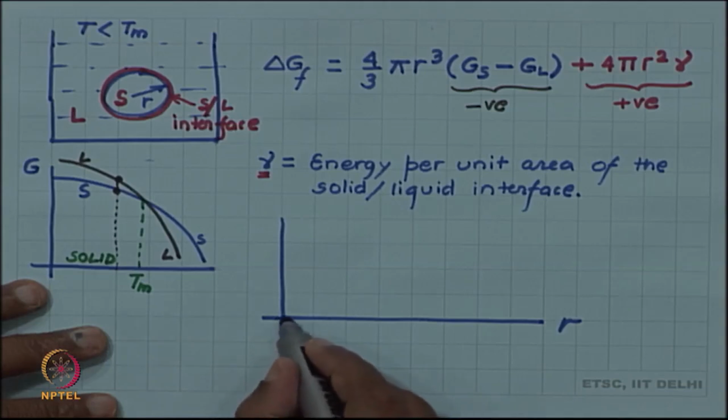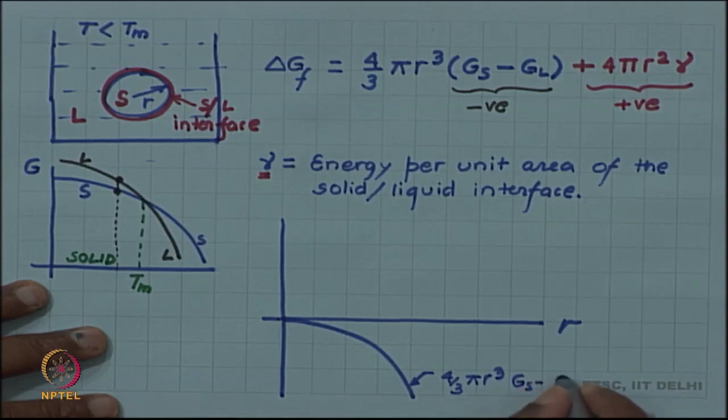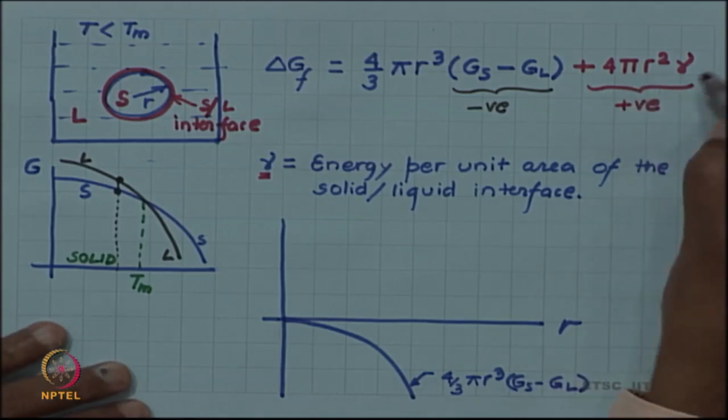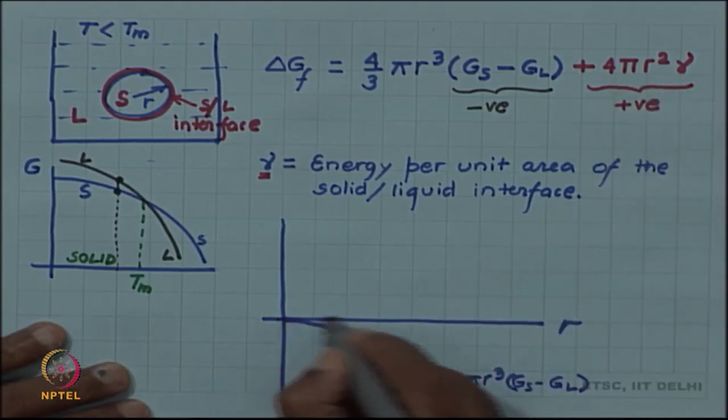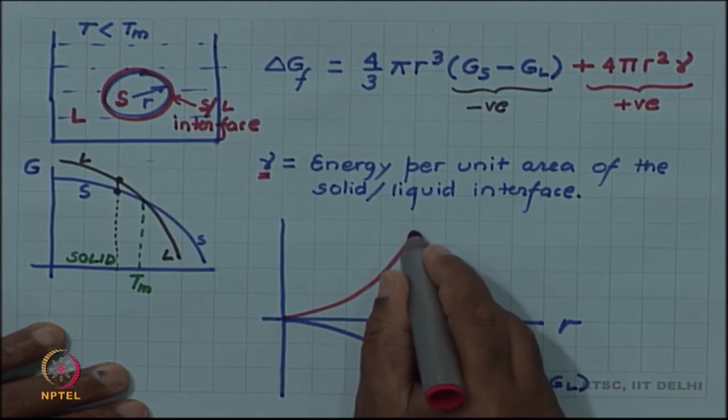So, it will be going down like this. And if we add the surface energy term to this, the surface energy varies as 4 pi r square gamma. So, this will be positive and this will be going up.